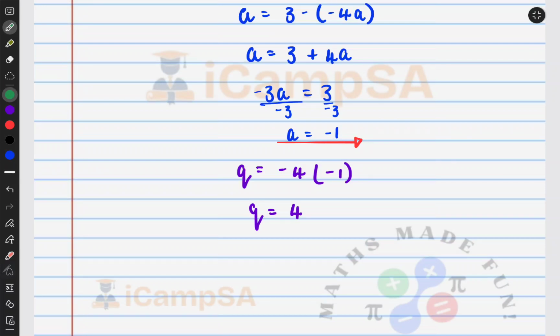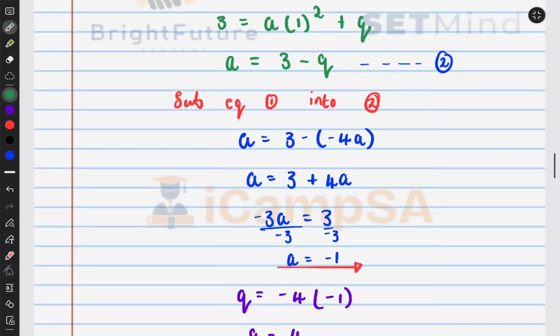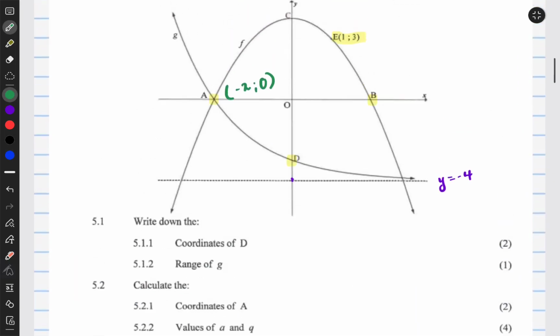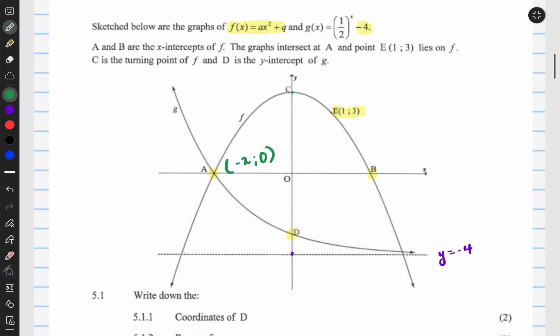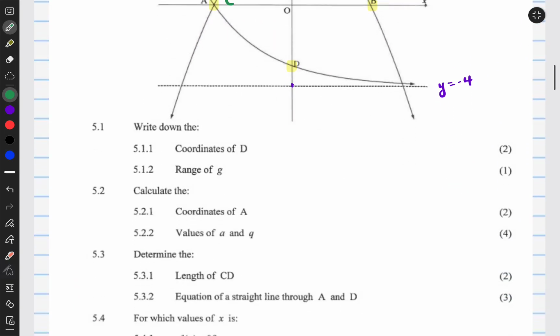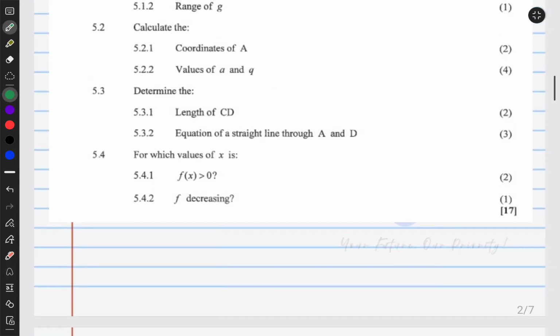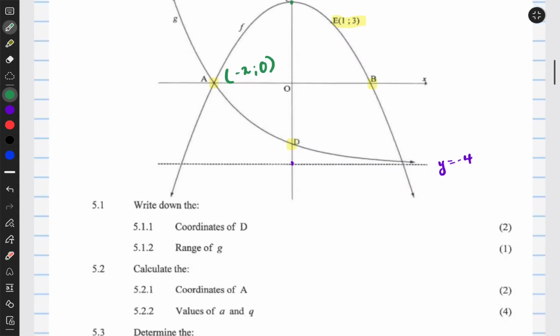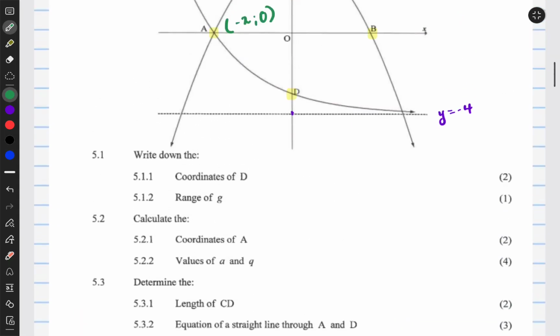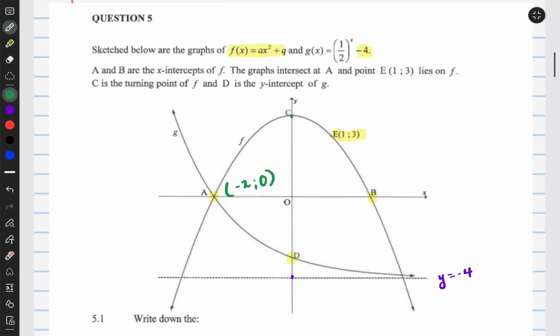A positive 4. And remember that q is our turning point of this function. Okay. Next, we also determine the length of CD. We have the coordinates of C, which we just calculated.